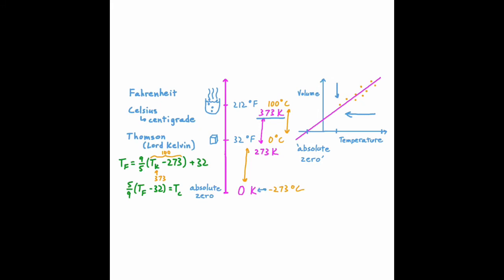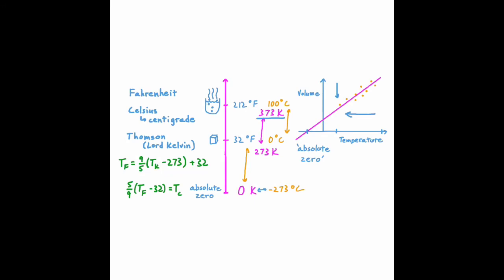If we take 100 and we multiply it by 9 divided by 5, then the result is 180. And then if we take 180 and add 32 to it, the result of that is 212. That, our equation says, is the equivalent temperature in degrees Fahrenheit of 373 Kelvin, the temperature at which water boils. So, this indeed is how we connect the Kelvin and the Fahrenheit temperature scales, and we've already seen there's a simpler relationship between the Kelvin and Celsius scales.